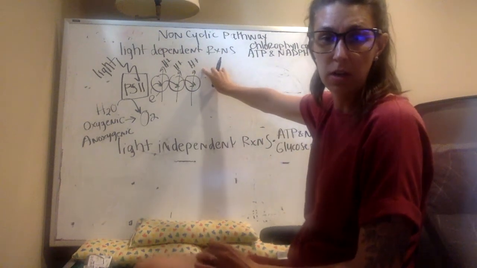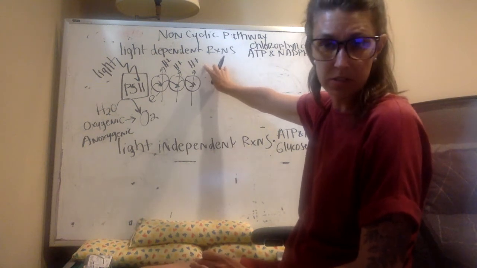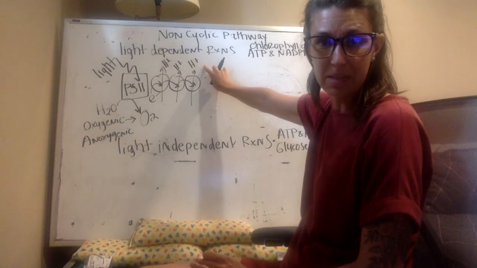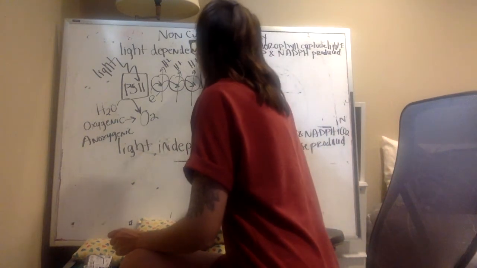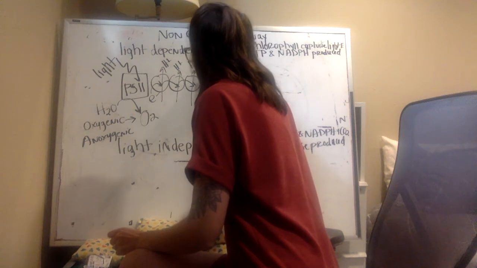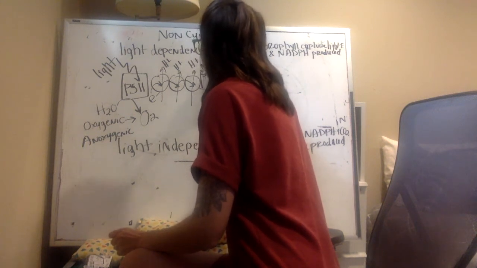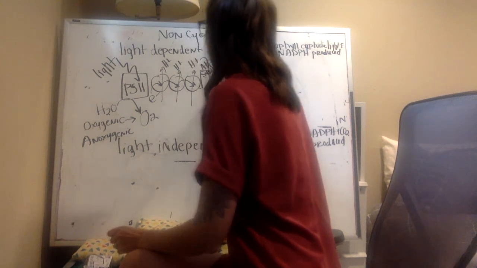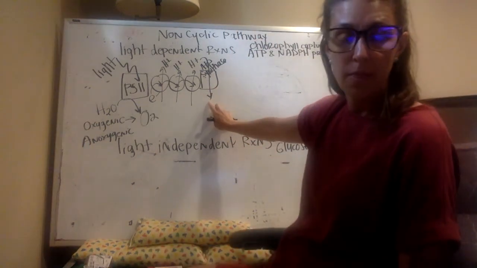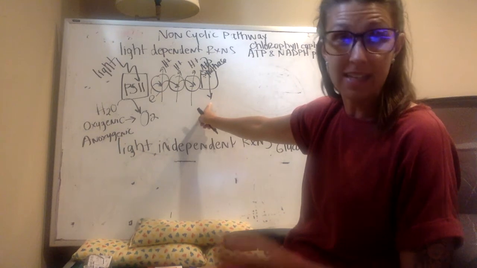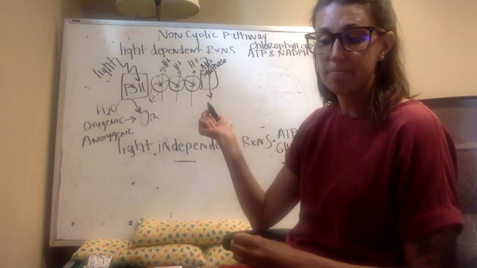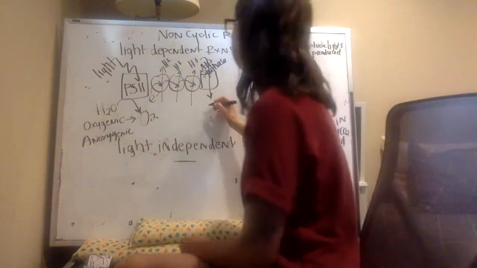Which you guys already know. So then these will diffuse down their concentration gradient through an enzyme called ATP synthase. That will power phosphorylation of ADP to produce ATP.